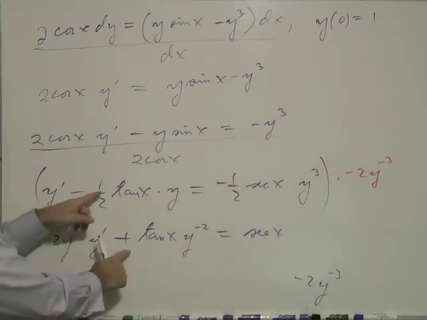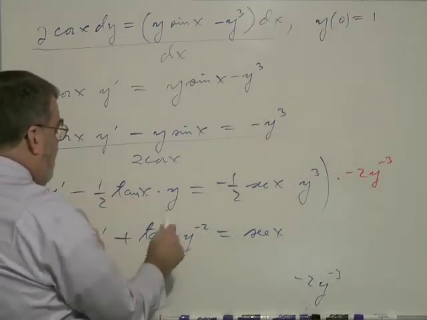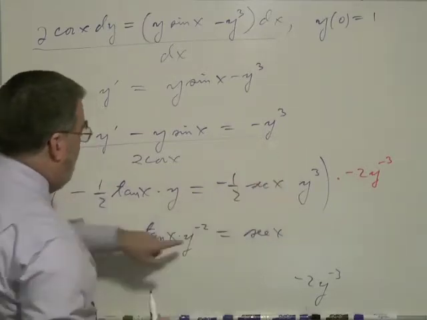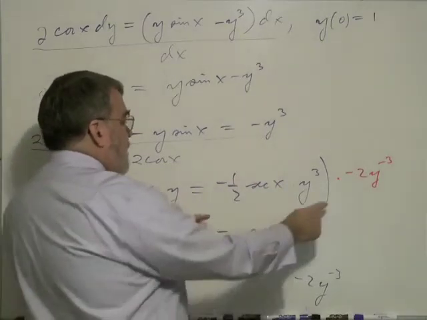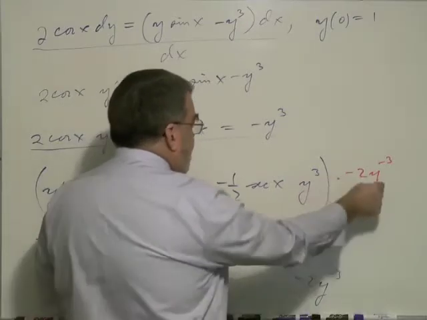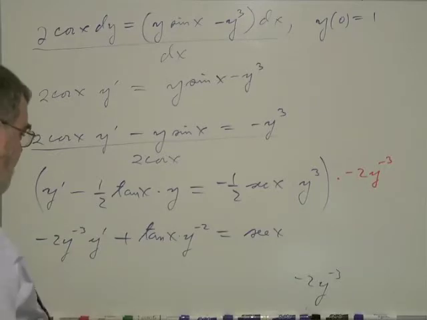The negative cancels, the 2 cancels, so I have tangent x times y to the negative 2nd, because I have y to the 1st times y to the negative 3rd. And then over here, the negative and the 2 cancel, leaving just secant x, and of course the y's cancel. So we're down to this form right here.